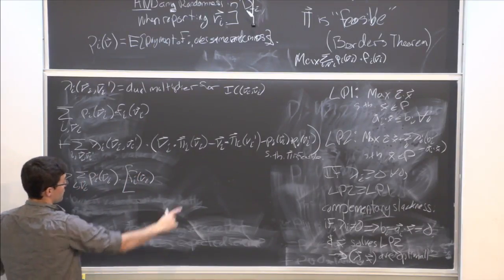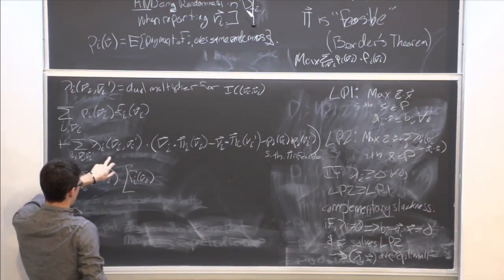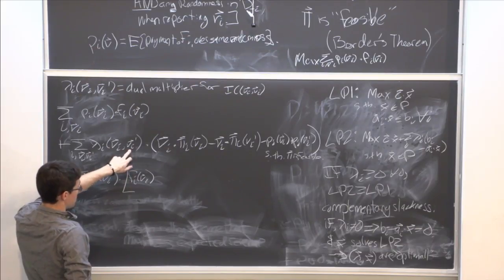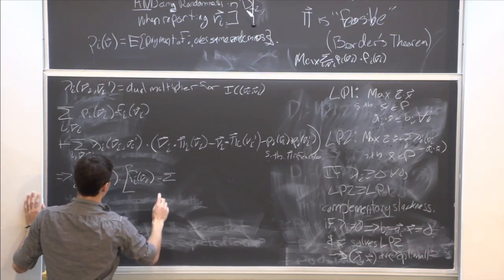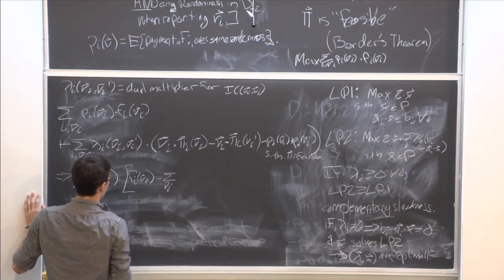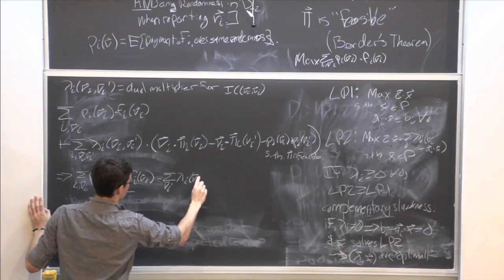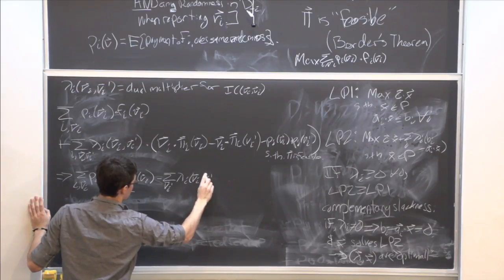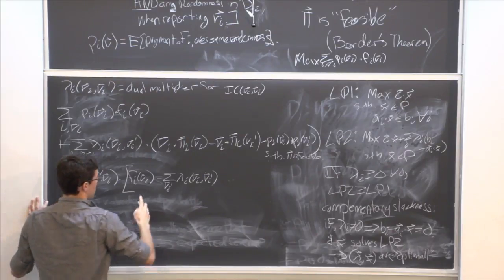Now it gets a minus for every vi prime, so there's a minus sum over all vi prime of lambda I of vi prime. And there's also a plus.